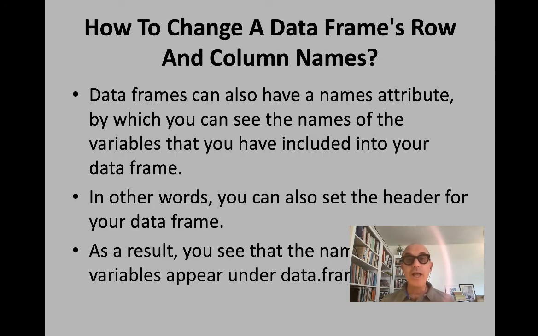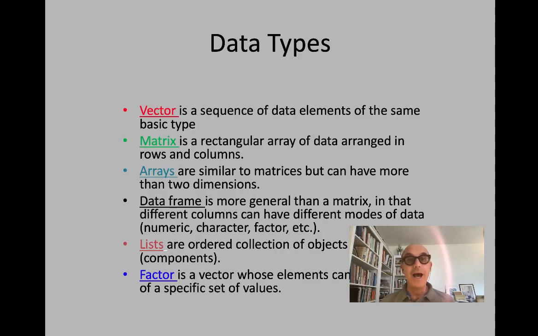So how to change a data frame from row to columns? You can do that. In other words, you can set a header for your data frame, and you can use it to define the name of the variables under the data frame. So let me repeat with regard to what I did not talk about. I talked about it in my example, but I did not talk about the types of data. In R, we have vector, matrix, array, data frame, list, and factor.